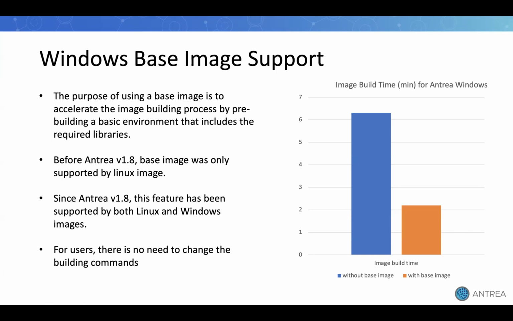So this new feature can reduce image building time by more than 60%. Another good thing is we have updated the makefile, so developers don't need to change their build commands. Once you update Antrea to 1.8 or a later version, this feature is enabled by default.